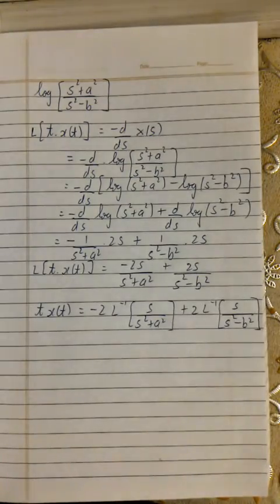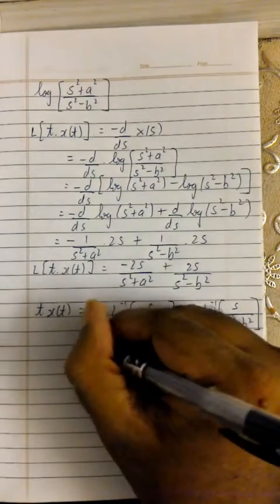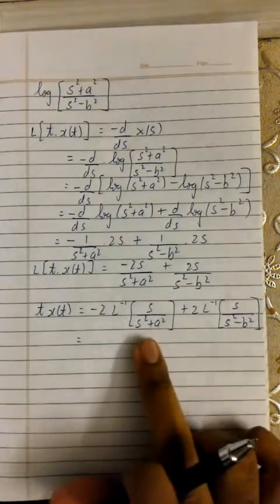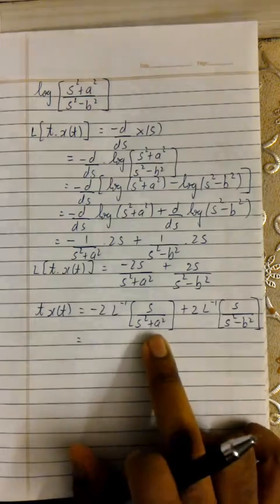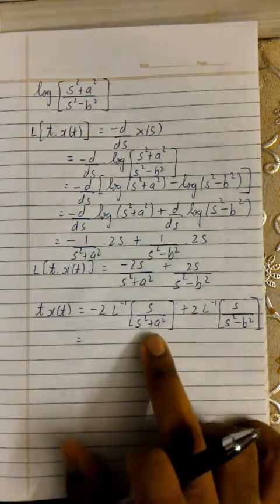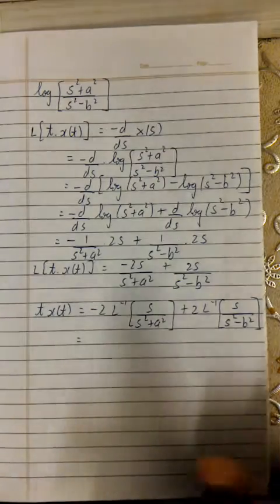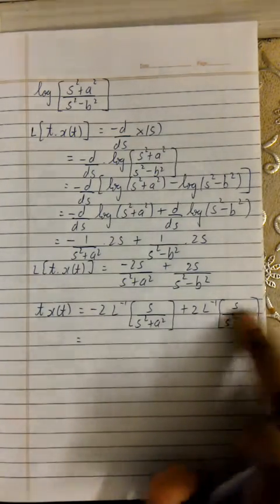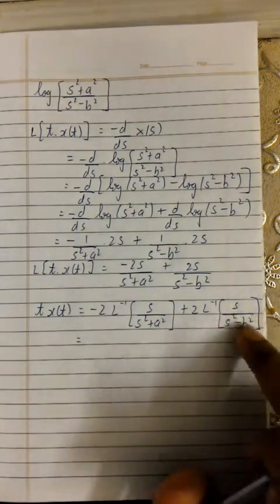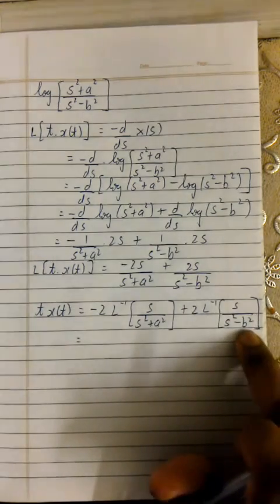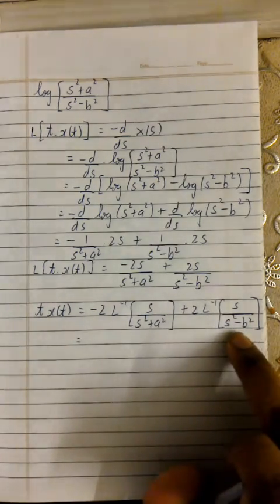Okay, so this is s by s square plus omega 0 square, so this is cos at. And here this is s by s square minus omega 0 square, so this is cosh bt.